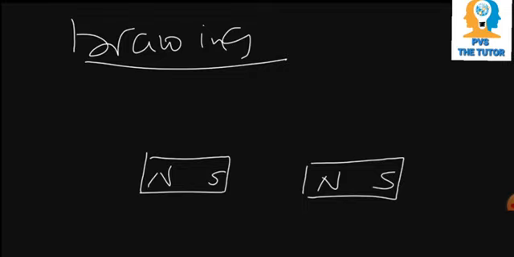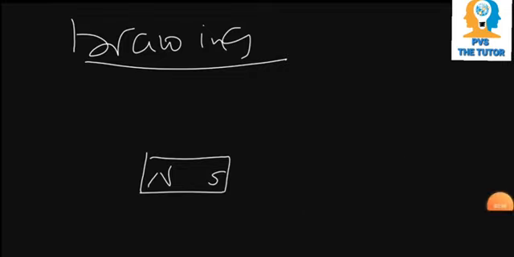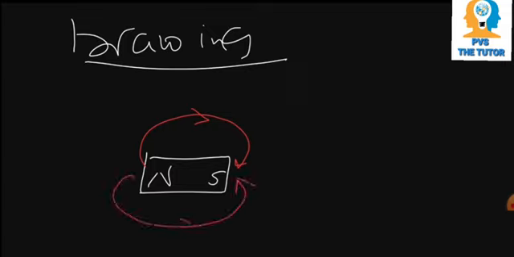Before we go anywhere, let's first draw magnetic field lines on a single magnet. Like I said, they move from the north pole going to the south pole. So they are likely to go like that, also like that, like that.